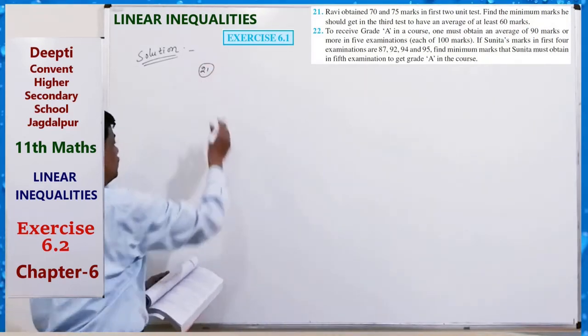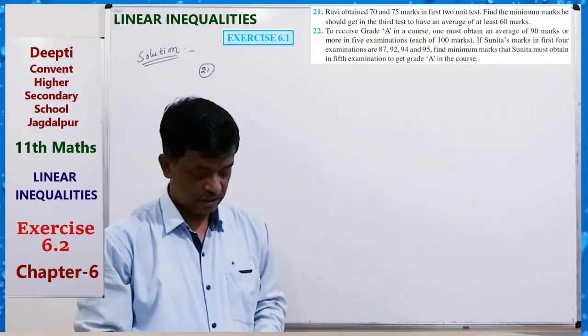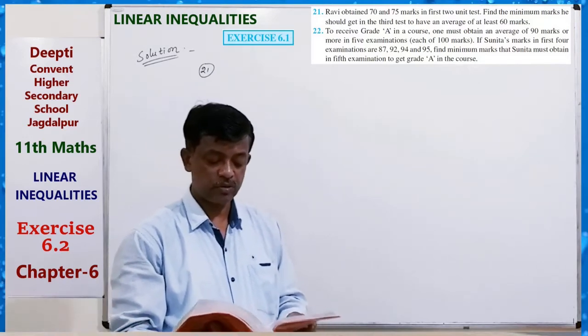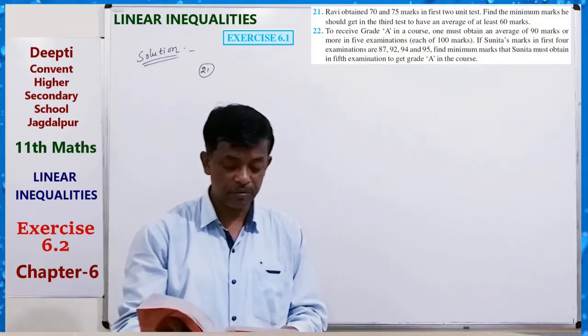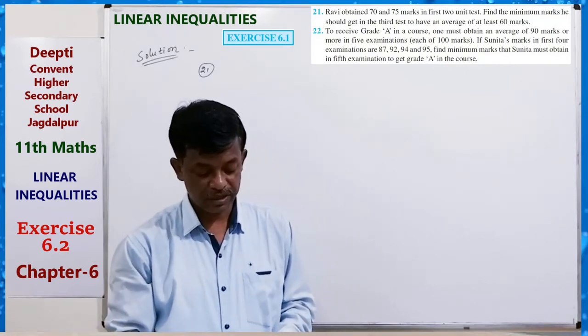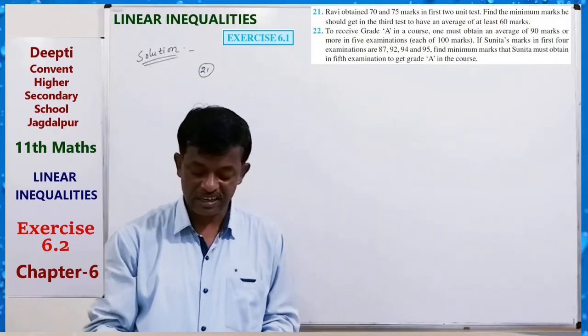Take question 21 of exercise 6.1. What is given? Ravi obtained 70 and 75 marks in the first two unit tests. Find the minimum marks he should get in the third test to have an average of at least 60 marks.